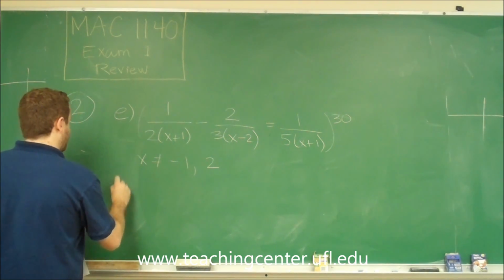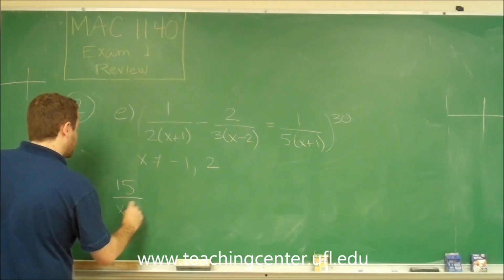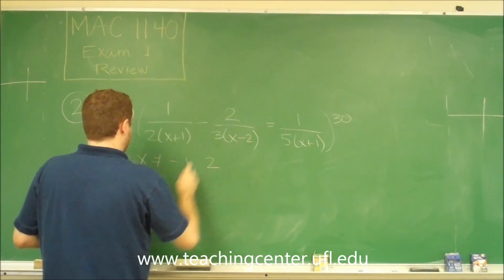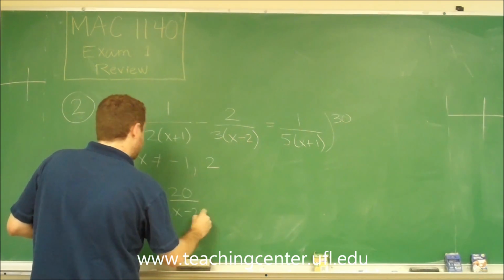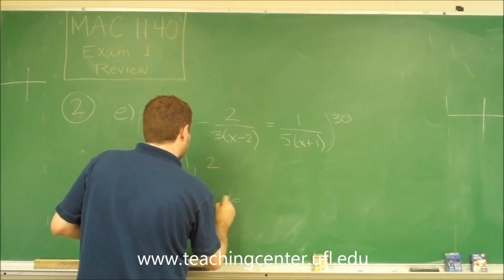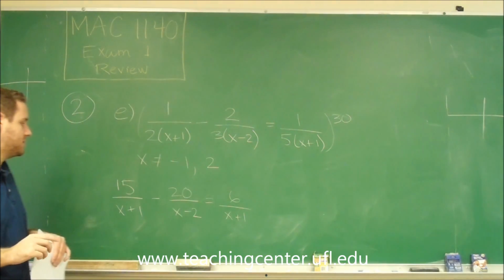So in doing so, we'll get 15 over x plus 1. 30 over 3 would be 10, and we have the 2 there, so minus 20 over x minus 2. And we have divided by 5, so we get 6 over x plus 1.